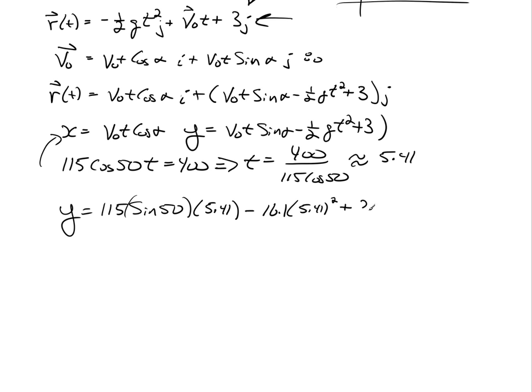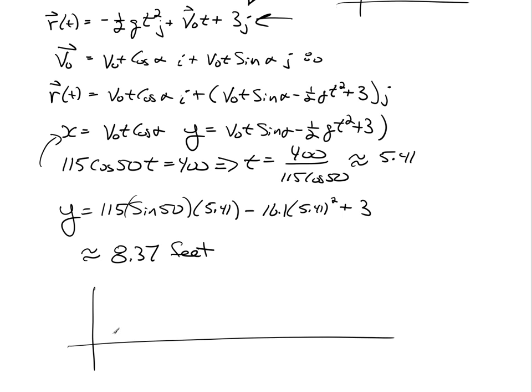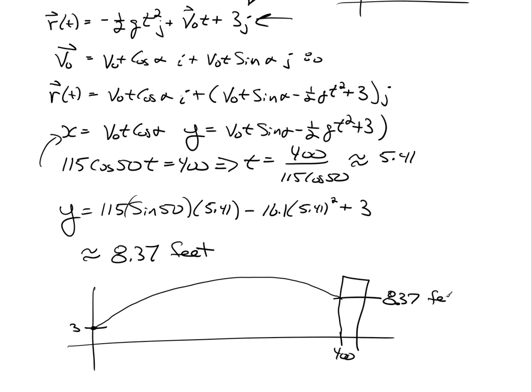And when I put that in a calculator, what I get is approximately 8.37 feet. So in other words, taking into consideration initial position 3, when the ball has taken off at an angle of 50 degrees, when it traveled 400 feet, the height was 8.37 feet. So it didn't clear the 10-foot wall.